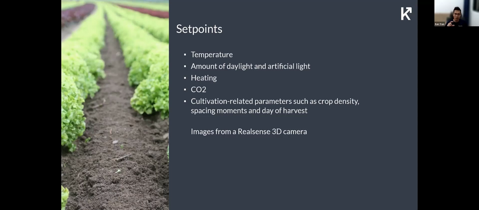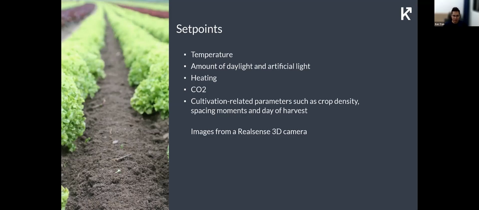So that way we could measure the height of the crop in real time as well. And so we combined the depth and the RGB to calculate and model the volume of the plant for weight estimation.